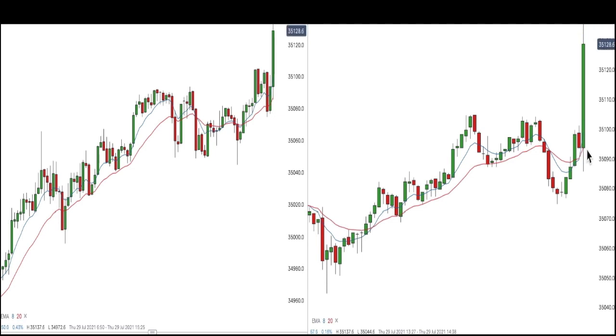Looking good now, and we're at the 35,140 level. I think it can probably make it in this quick burst. Now I've let it slide back. I think we can probably make the 35,150 level, and I'll be looking to take profits there.